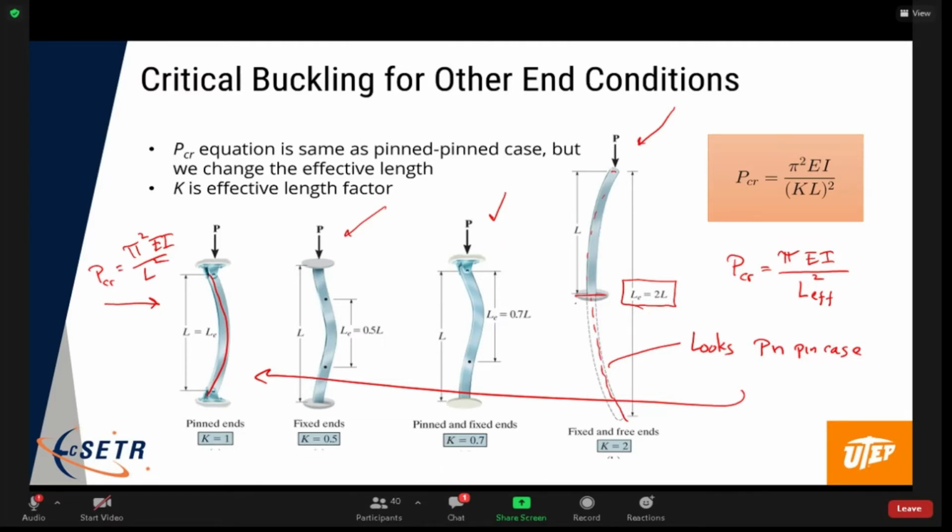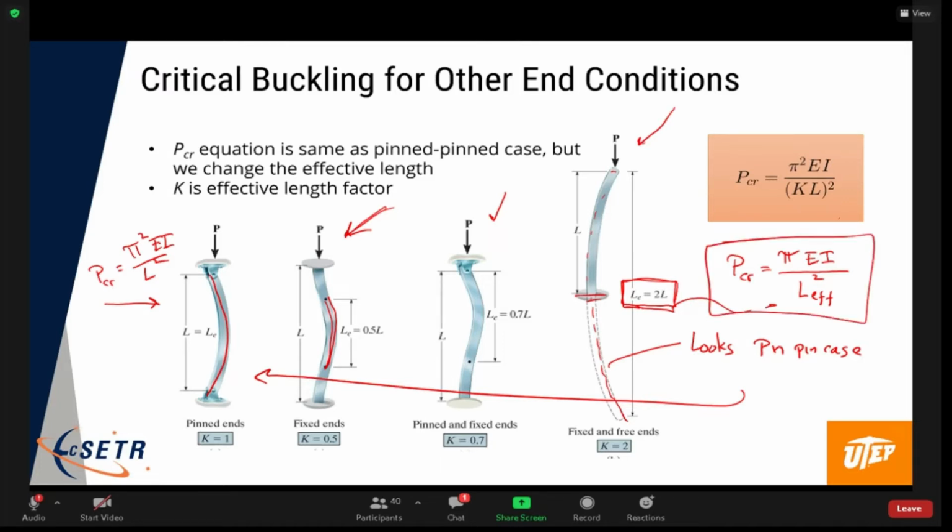If we have fixed free, the effective length is twice the actual length, and that's what you would put in here to get the critical load. If we have fixed, this case, right? Here, the effective length is half of the actual length. That's what you would put into this equation.